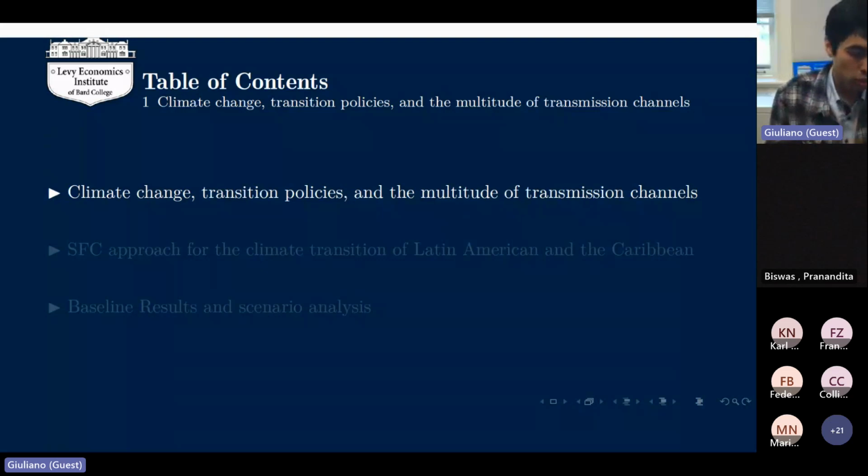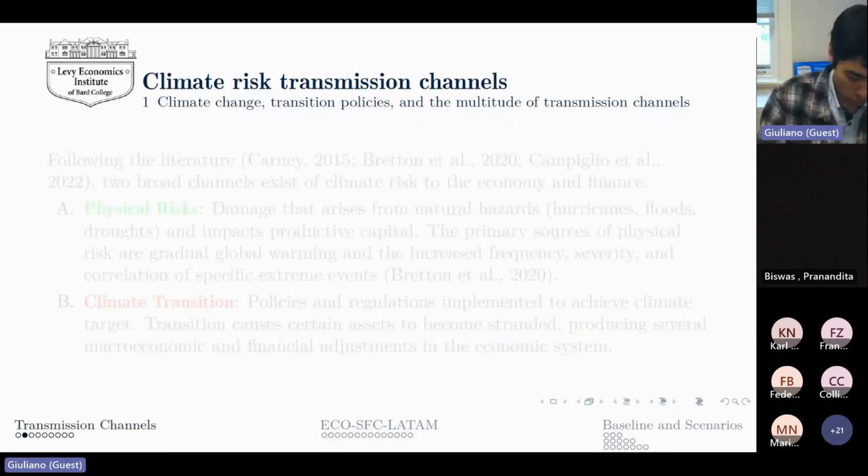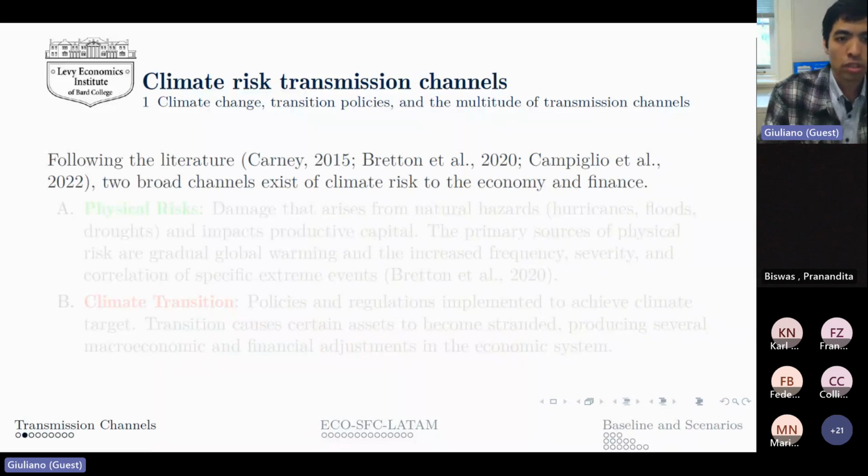Then I will go to a brief description of the model, and then we'll also analyze some of our early results, and also draw some policy conclusions.